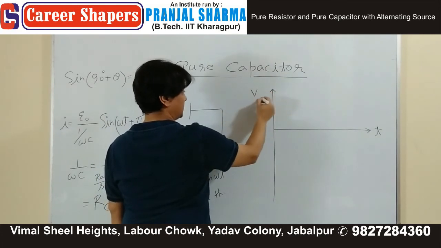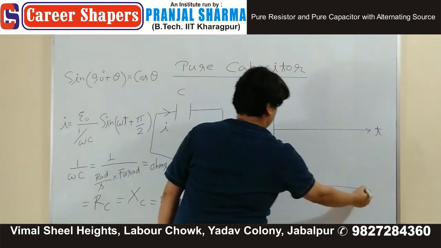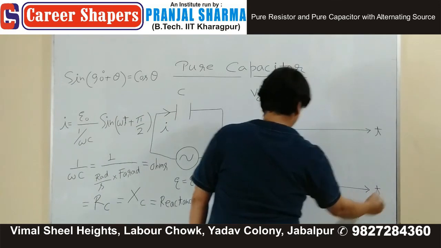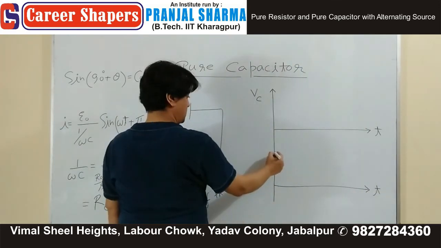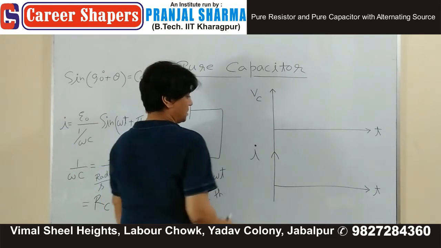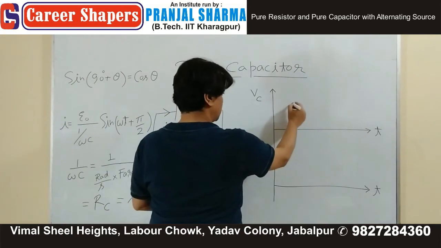This will be VC. And this is IC, the current which is flowing through the capacitor. And these are the partitions.